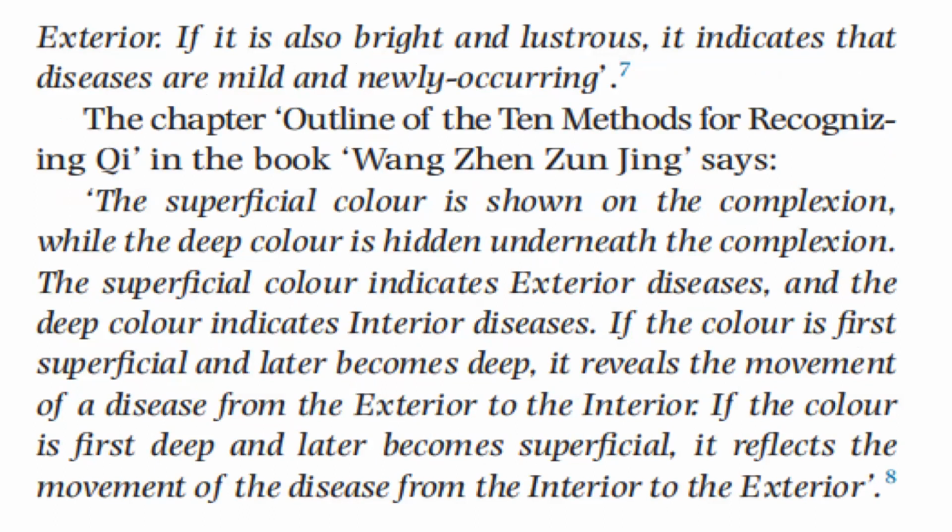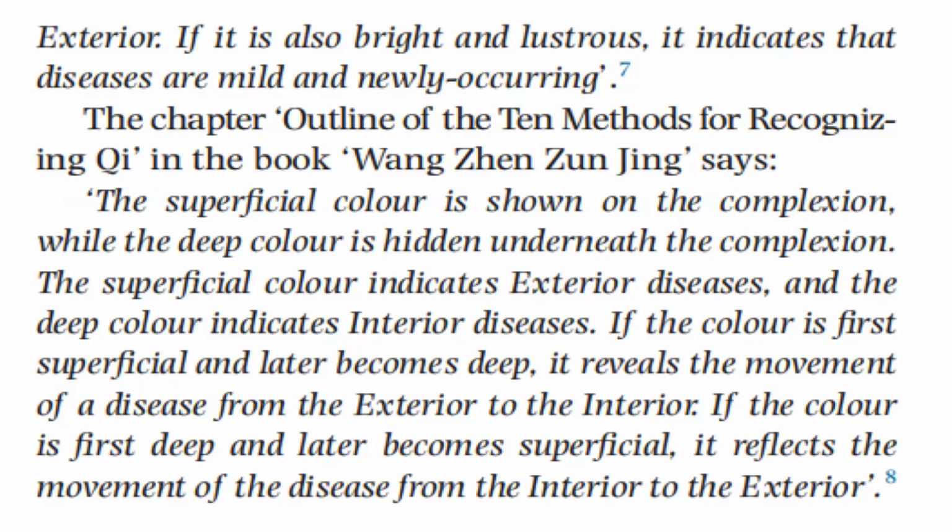The chapter Outline of the 10 Methods for Recognizing Qi says, the superficial color is shown on the complexion, while the deep color is hidden underneath the complexion. The superficial color indicates exterior diseases, and the deep color indicates interior diseases.